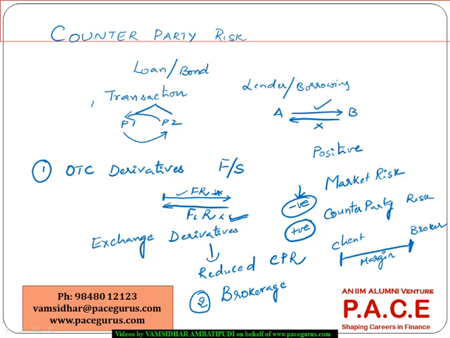Now, to a large extent, it is understood that the broker is more exposed to counterparty risk, because the client may fail to pay the broker. But the recent financial crisis has shown that there are instances where the broker was not able to pay the client because of the margins and all. Whatever margins they had taken and the decline in the value of the position, the broker was not able to pay back the client.